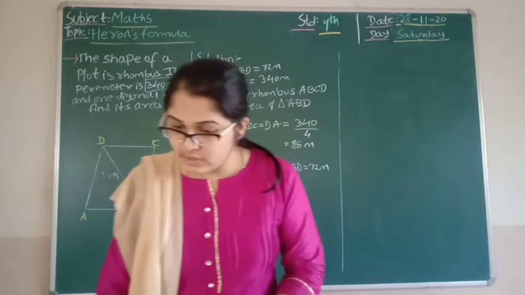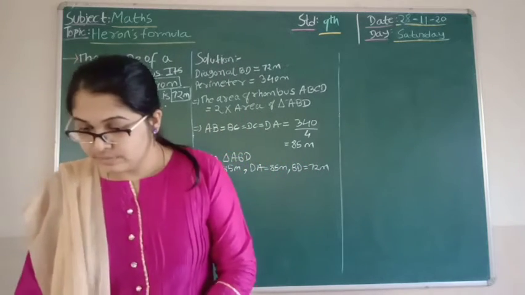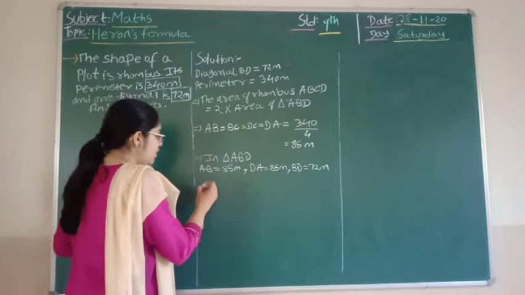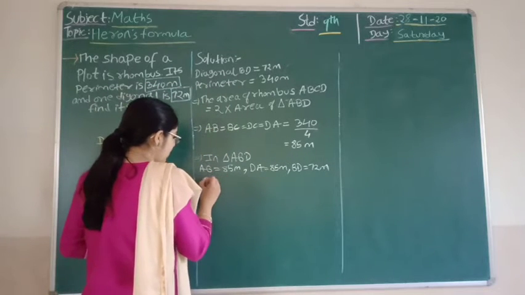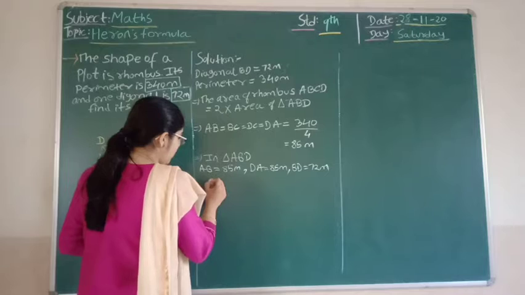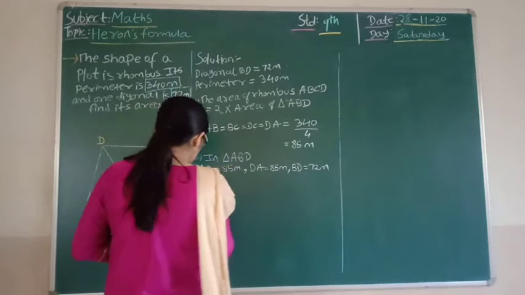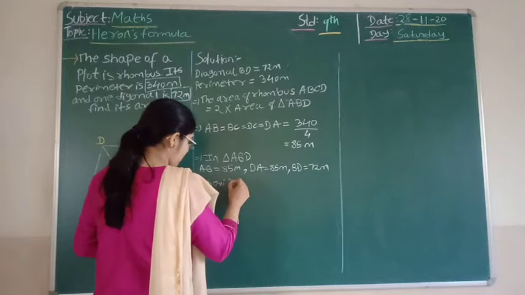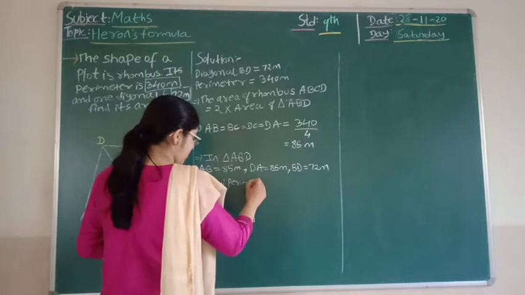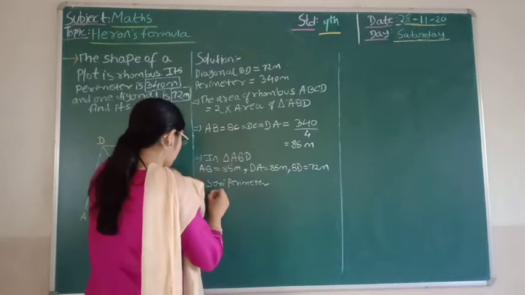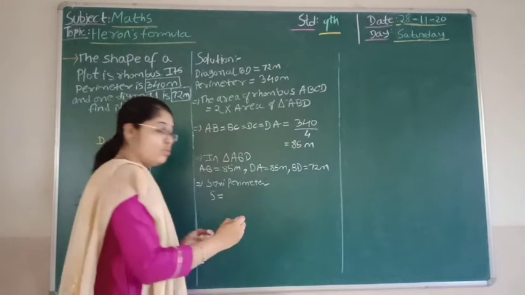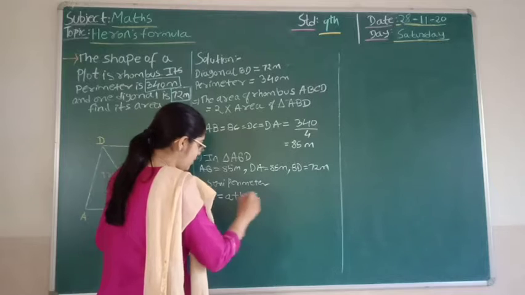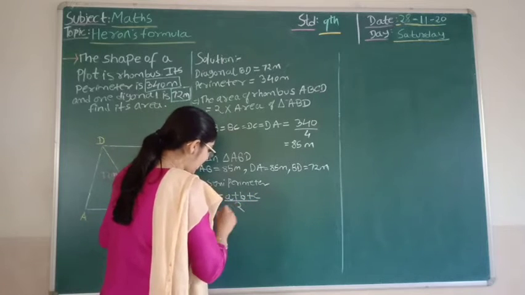So we have been given the sides, right? Now on that basis we need to find the semi-perimeter. So S equals A plus B plus C whole divided by 2.